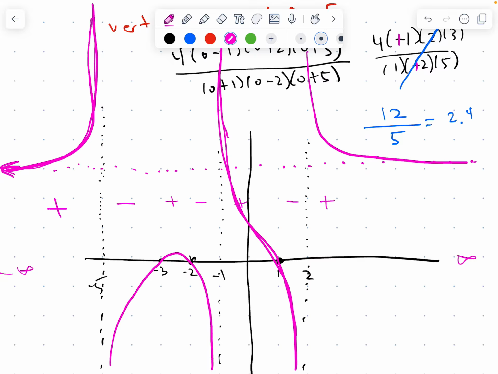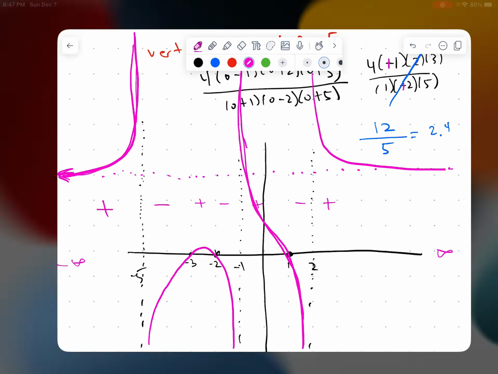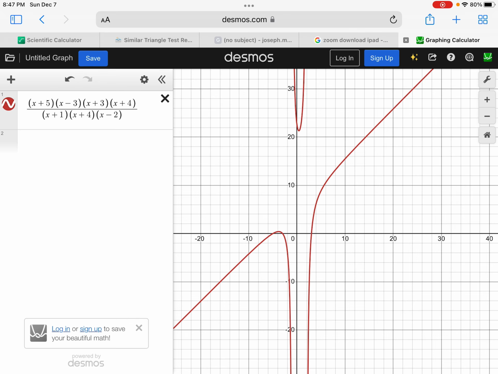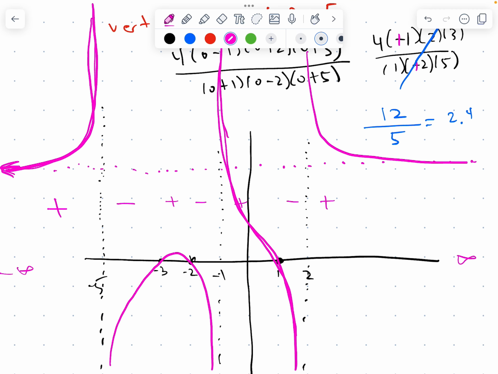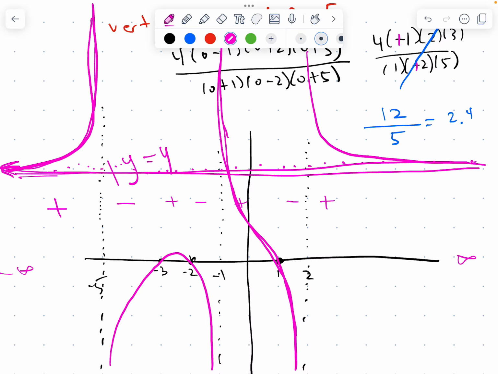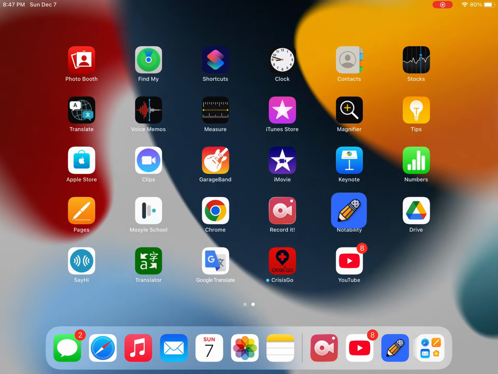All right, should we see how close we got? Let's go to Desmos and check this thing out. So on the top, we've got a 4, or did I say 7 on this one? This is y equals 4. So this line right here is 4, so it'll approach 4. Okay, let's go back to Desmos.